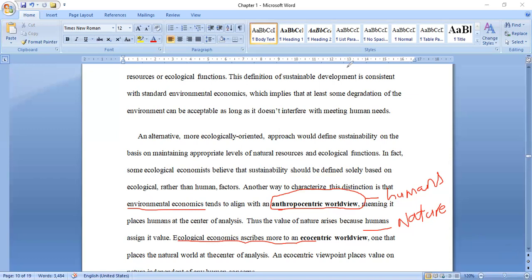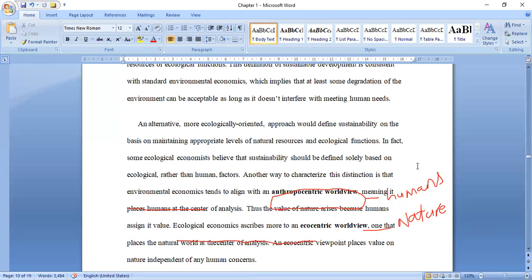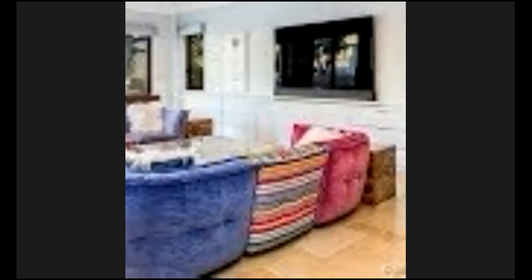Are we together? So basically, environmental economists are anthropocentric in nature. They put humans at the center of analysis.